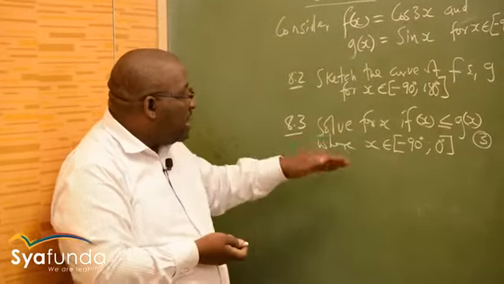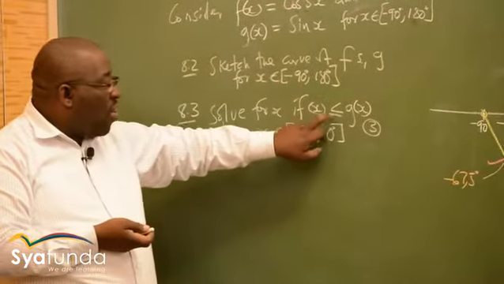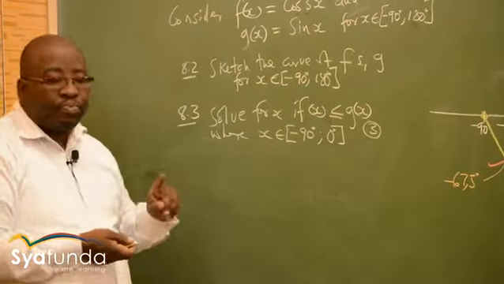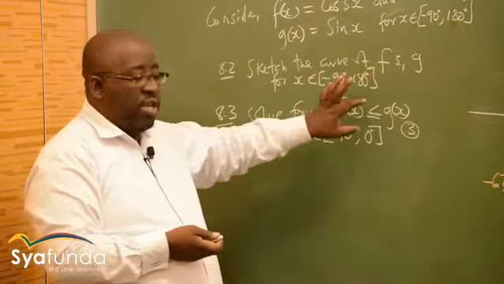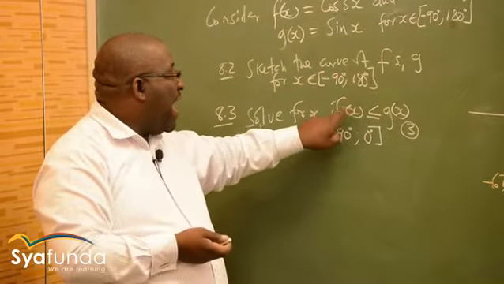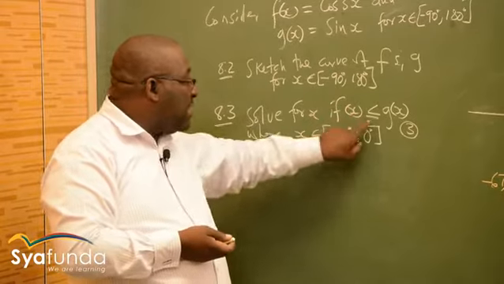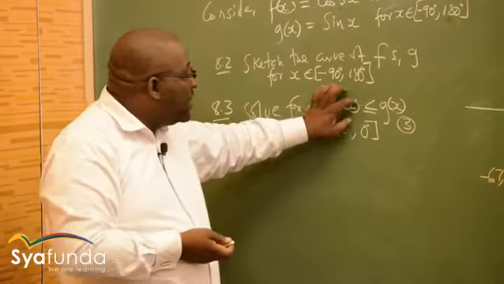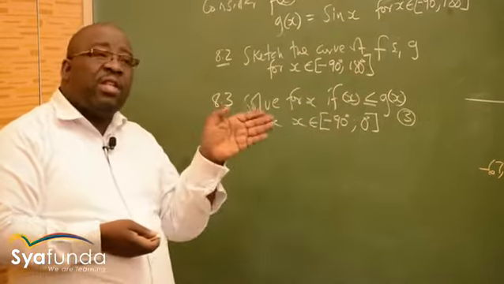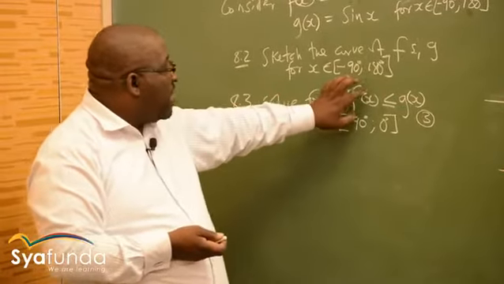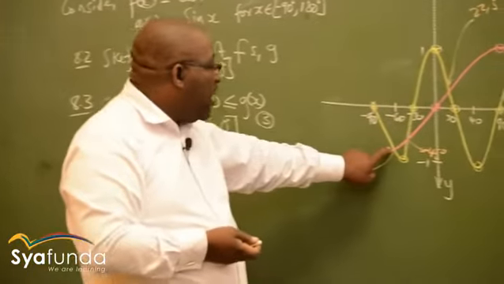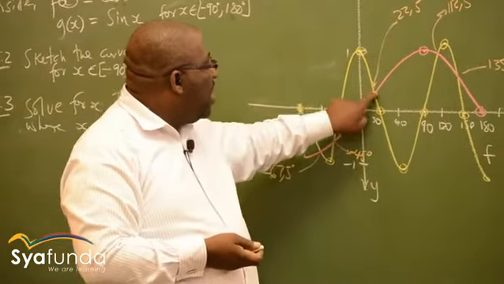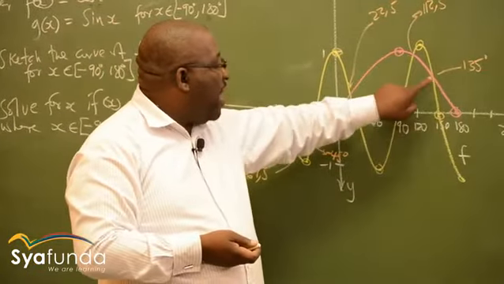Now solve for x if f of x is less or equals to g of x in this region. There are two things here, where f is less and where f is equal. I know where f is equal to g. It is where the two graphs intersect. Where the graph of f is equal to the graph of g, it is in 5 places: 1, 2, 3, 4, 5.